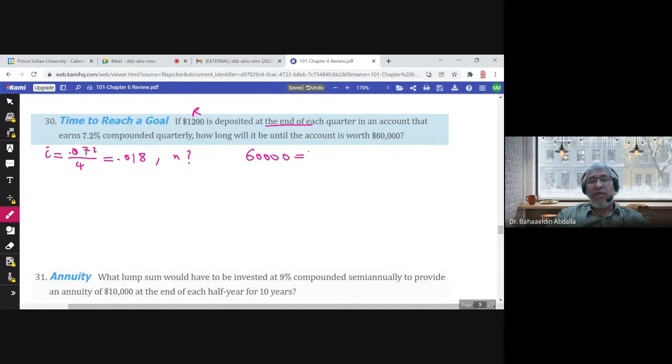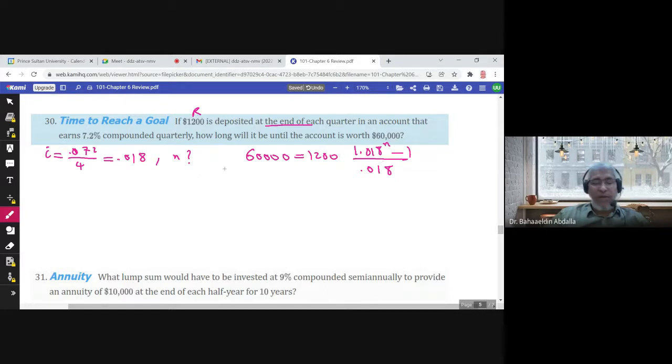So we have 60,000 equals 1,200, okay, this is an ordinary annuity, times 1 plus I to the power n minus 1 over I. And we need to find n because n is missing.